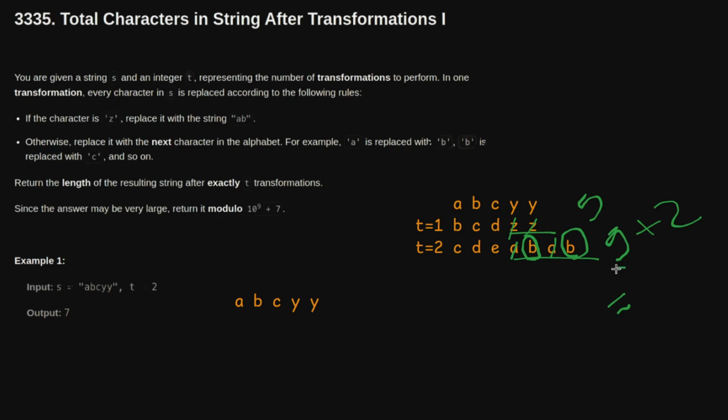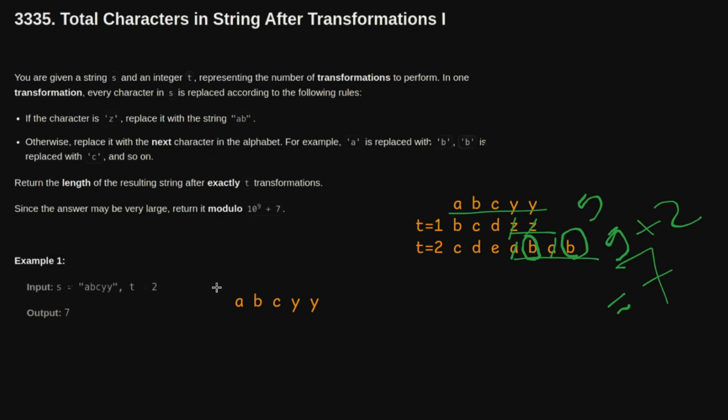So after seeing this observation, I just need to know how many Z will occur, given a string, in my iterations for t equal to 1, 2, 3, 4, 5, 6, 7, 8 and up to n.